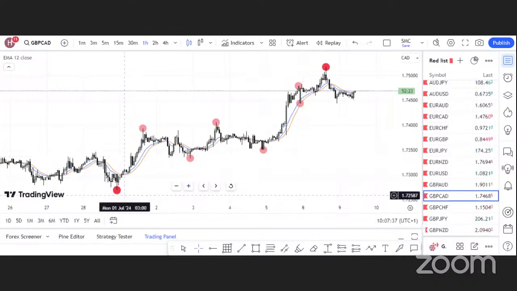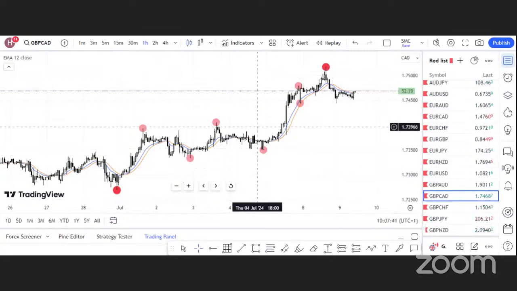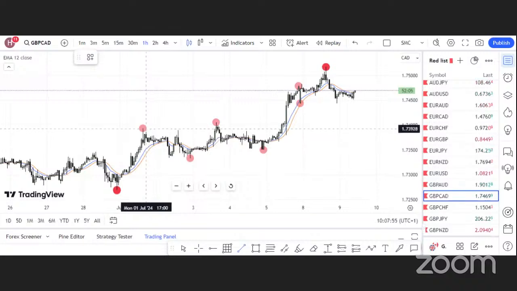All right, as I've said earlier, you want to figure out your high and your low, and make sure that the market has created higher highs and higher lows. All right, we have breakout structures in the market. So now let's connect the dots. Let's connect our breakout structure levels.